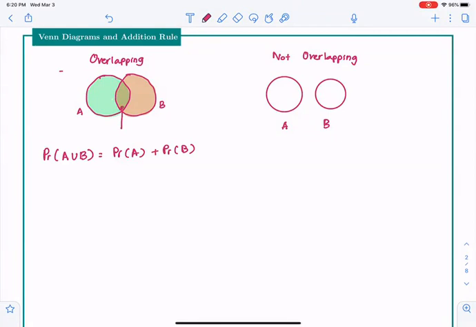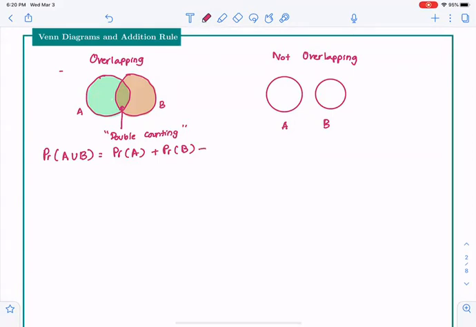I counted it once when I did event A, then I counted it again when I did event B. So all I did here is count it twice in finding the probability of A union B. So I have to take one of those counts away.